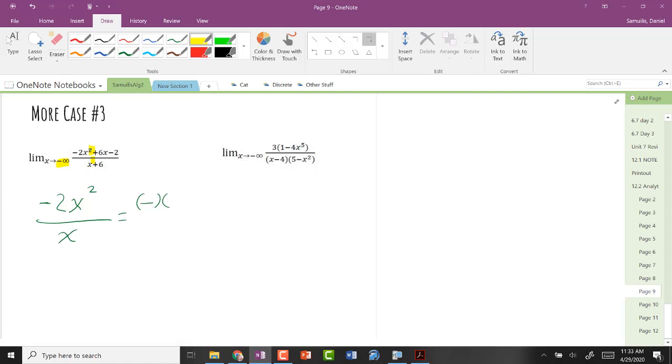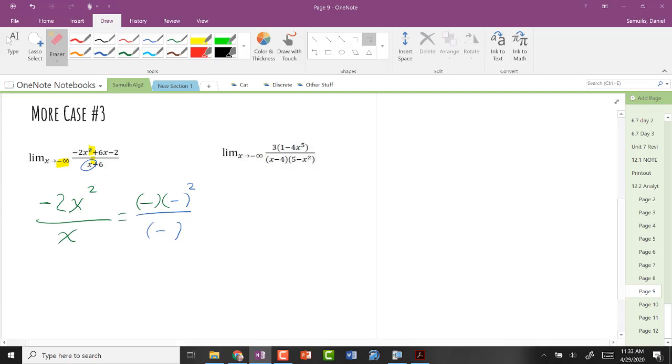It's approaching negative infinity. These numbers are going to continually get smaller and smaller. So I'm plugging in negative numbers for x, but I'm squaring that. And then I have a negative number. Not negative 1, it's just a negative number.